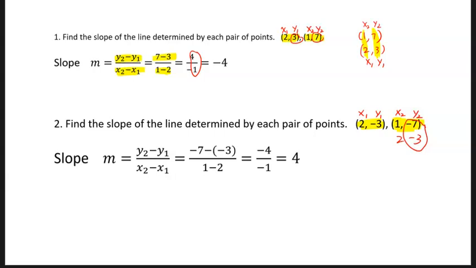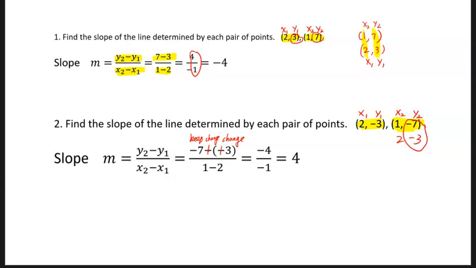So how do we subtract signed numbers? We use the rule keep, change, change. Now we turn the question into an addition problem, and -7 plus 3 gives us -4, because we have $7 of debt plus $3 of credit. We end up with debt, $4 of debt.